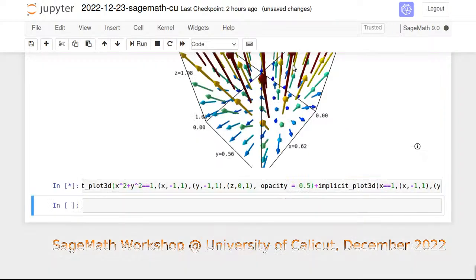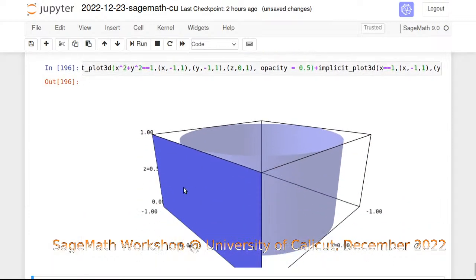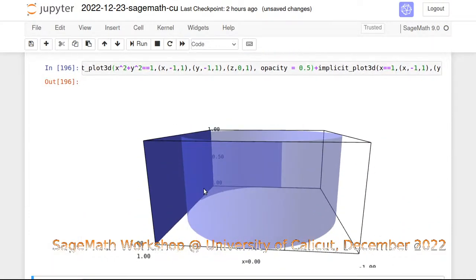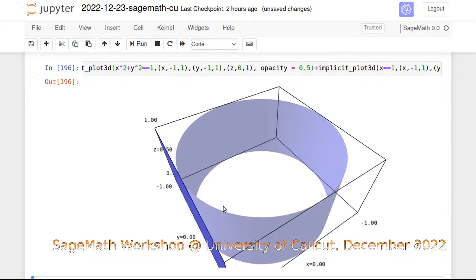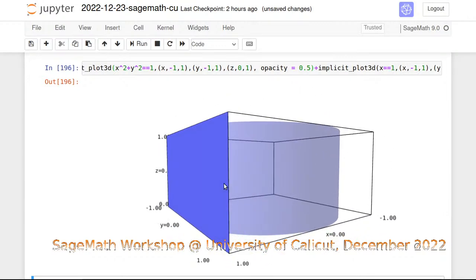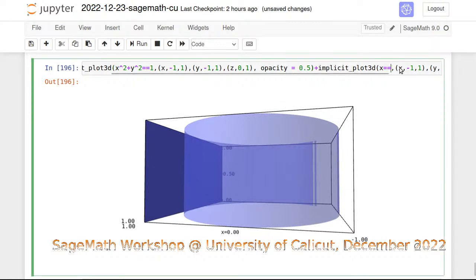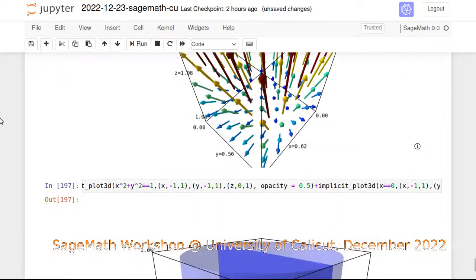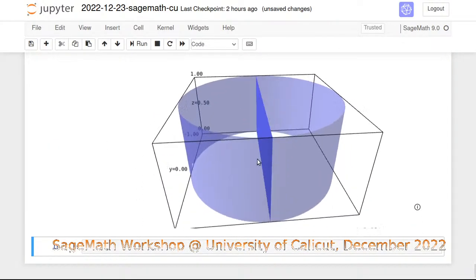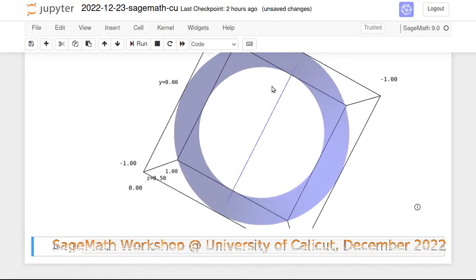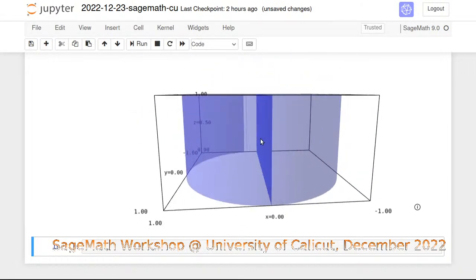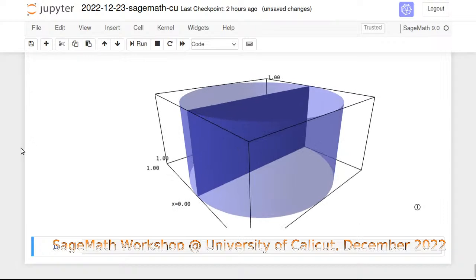If you do that, okay, I should have plotted x equal to 0. X equal to 0 is nothing but the yz plane. That's what I wanted. So we can get that plane also here. So implicit plot 3D is the way to get something like this.